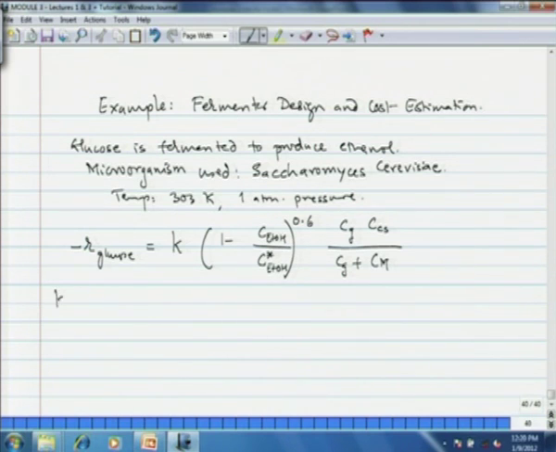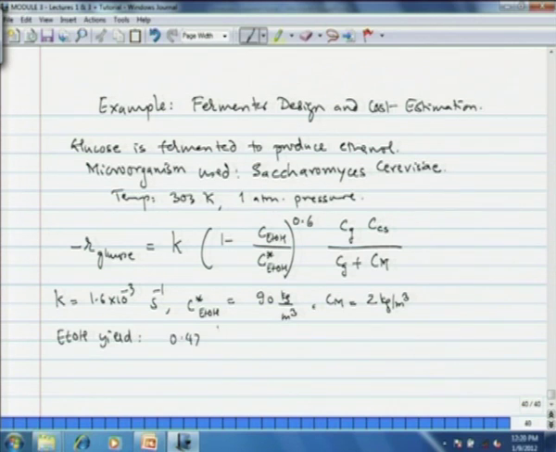So we shall list all the values. K is given as 1.6 into 10 to power minus 3 second inverse. C star ethanol is given as 90 kg per meter cube. Cm is given as 2 kg per meter cube. Michaelis-Menten constant Cm. Ethanol yield is 0.47 kg ethanol per kg glucose consumed.